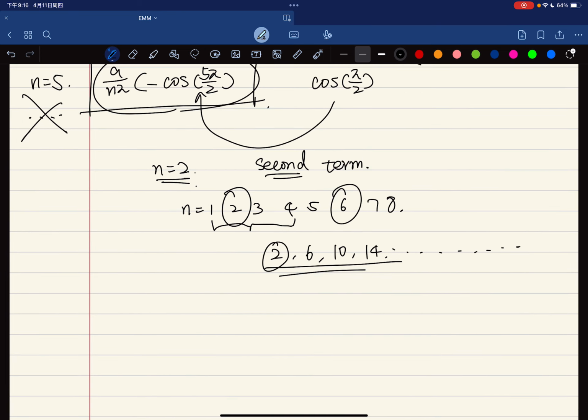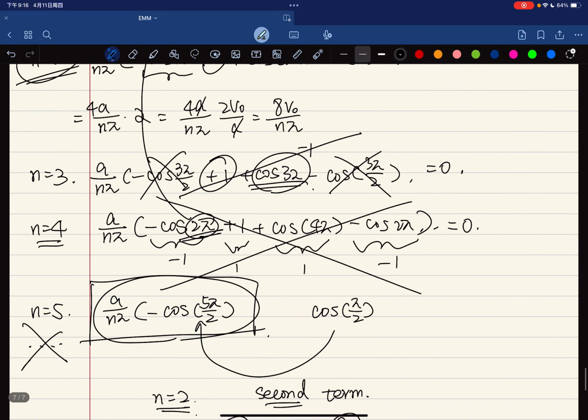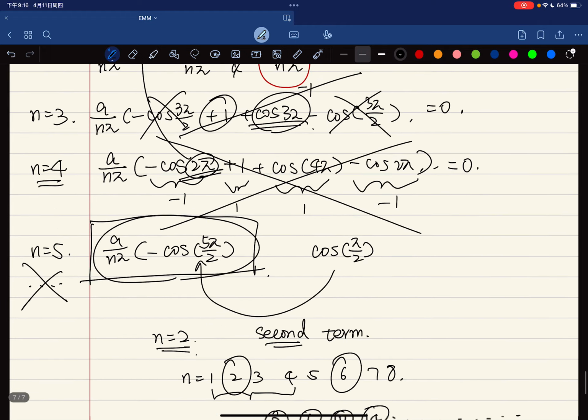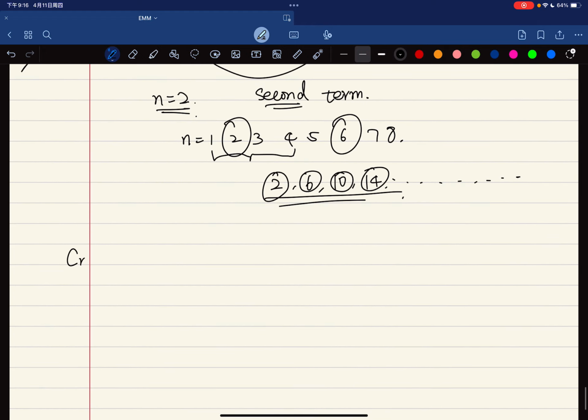And when n equals these numbers, what is Cn? So come back to our result. We've already found Cn is this, right? So this is Cn. So let's write it down. So Cn is equal to 8 v0 divided by pi, when n is equal to those, right? So let's write down our general solutions, which is our final answer.